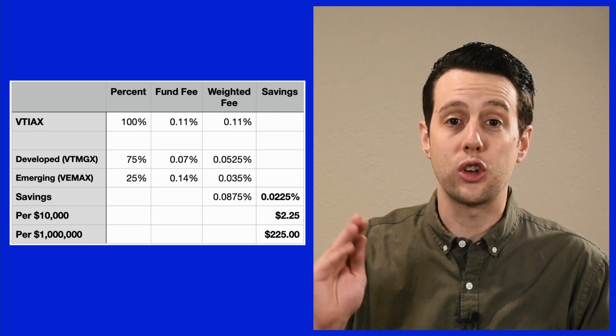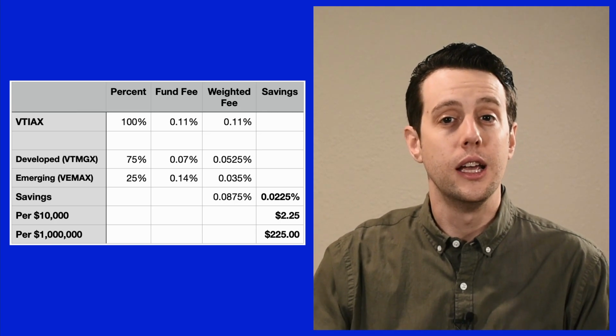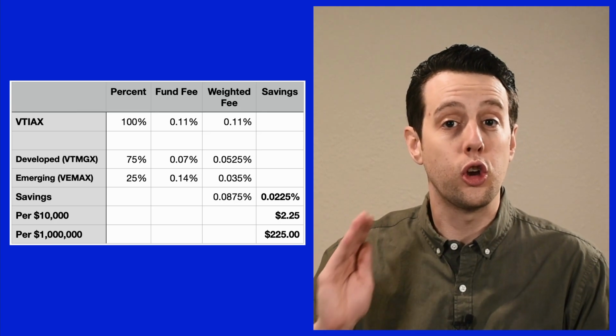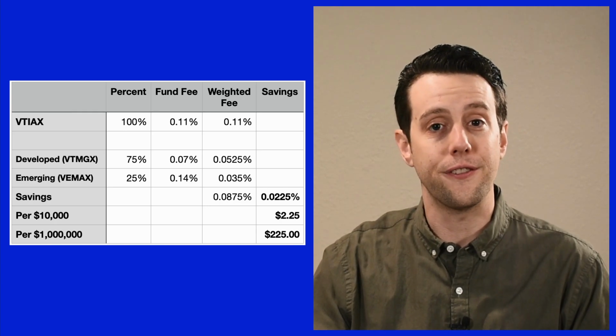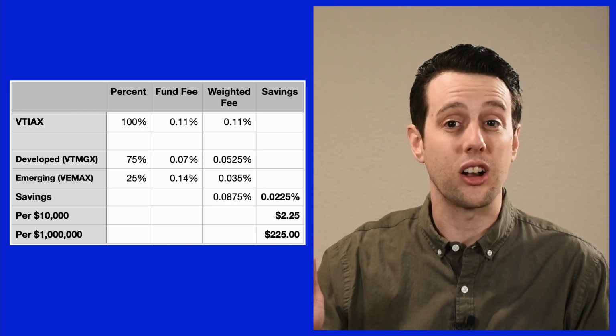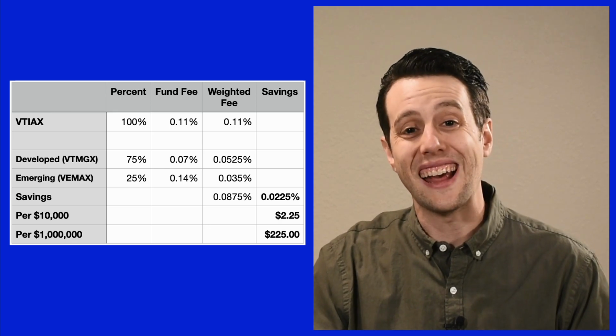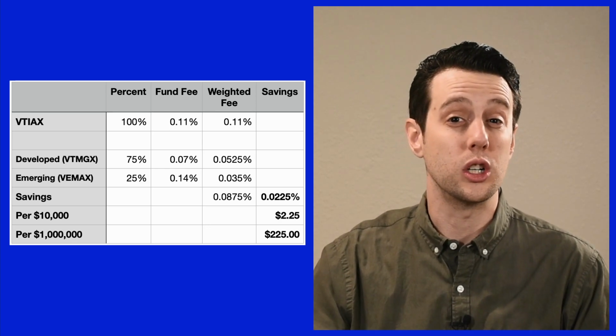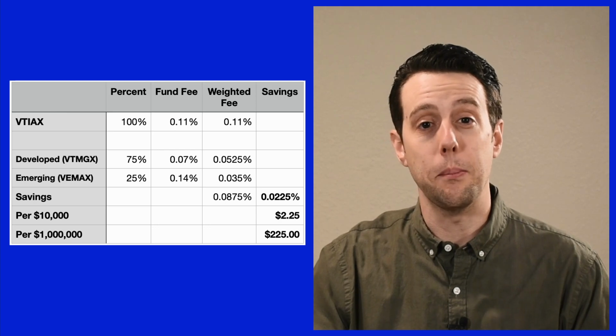You can save even more if you invest in developed and emerging market indexes separately. If you match the weightings of the total international fund, you would save a bit over 0.02% in fees, equating to $2.25 for every $10,000 or $225 for every million.